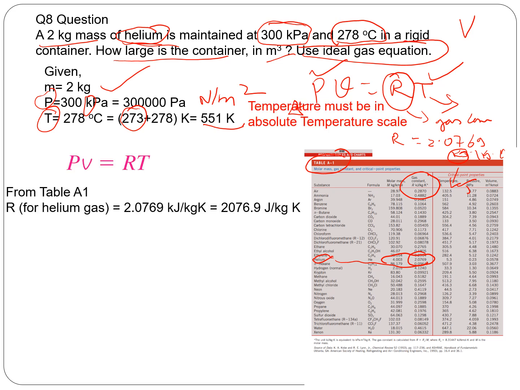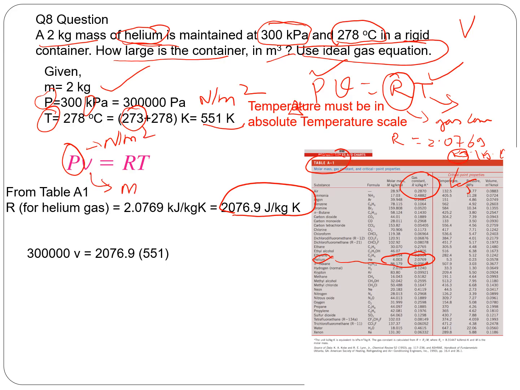Convert everything to basic units and substitute the values. Pressure in Newton per meter square, specific volume in meter cube per kg, R in joule per kg per Kelvin, and temperature in Kelvin. Everything cancels out, and the final unit is 3.76 meter cube per kg.